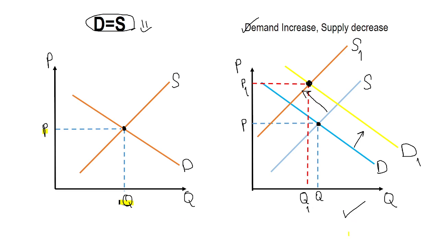The increase in demand takes place by shifting the original demand curve to the right, D1, and shifting the original supply curve to the left to show the decrease in supply. Here we have quantity, price, and after that we need to show the new equilibrium quantity and new equilibrium price.